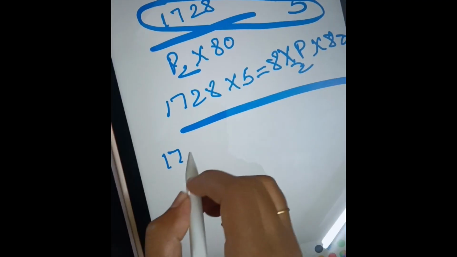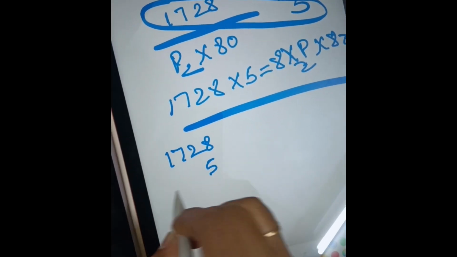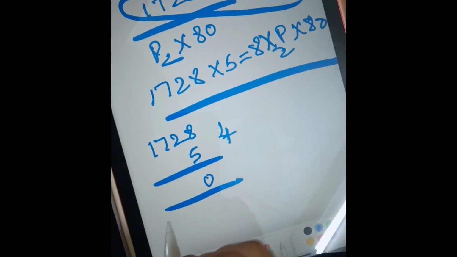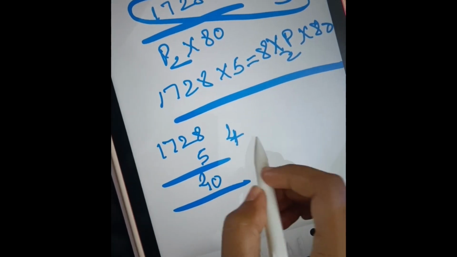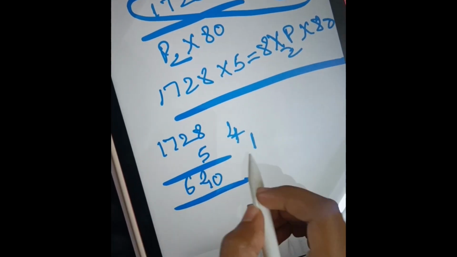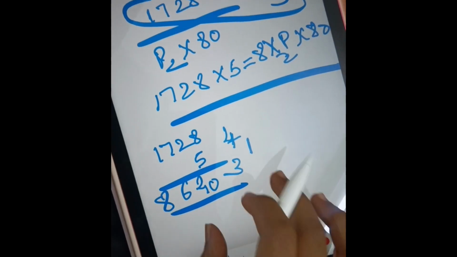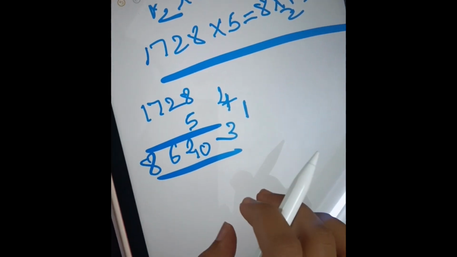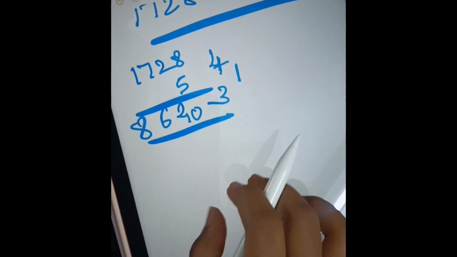Okay, so 1728 into 5, how much? It's showing 8640.